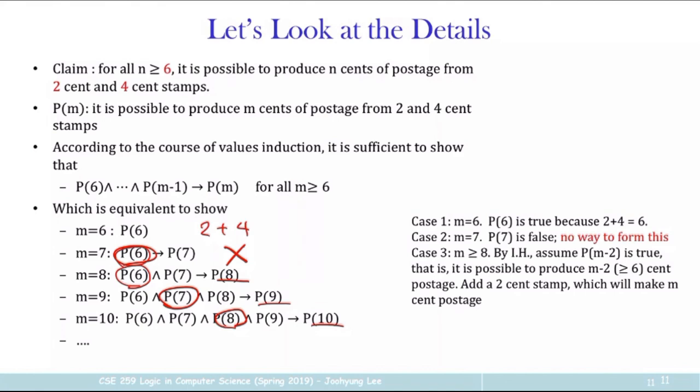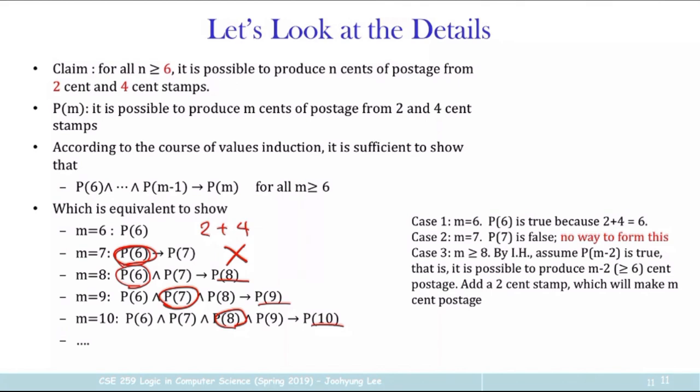Because if you assume that P of m minus 2 is true, note here that m starts from 8. In that case, k starts from m minus 2, which means k starts from 6. So when m equals 8, k is 6, which is covered by the induction hypothesis. So you can create 6-cent postage, and you can add one 2-cent stamp to make 8 cents. That is fine, starting from 8. If m equals 9, you can create 7-cent postage, and the induction hypothesis covers that, so you're fine.